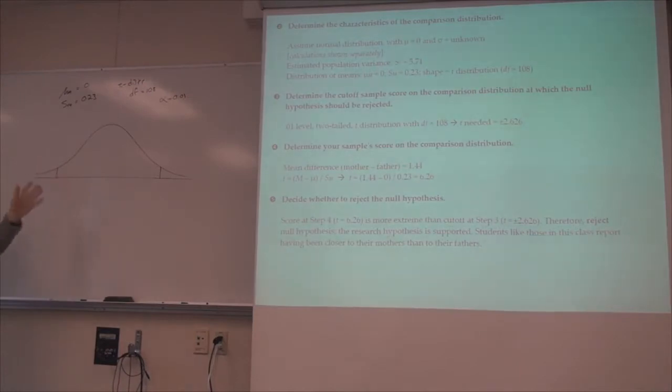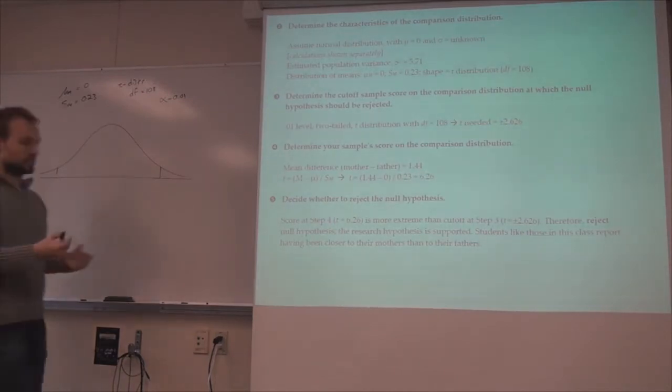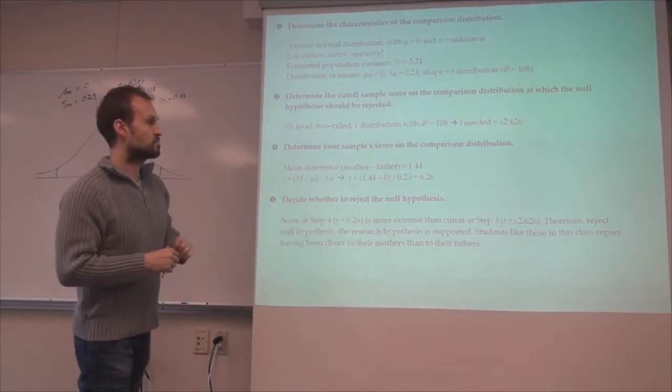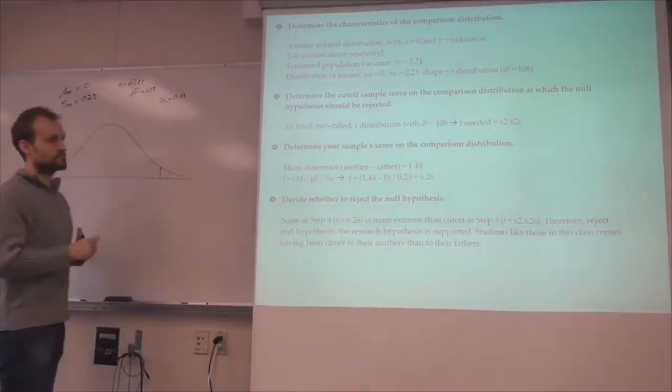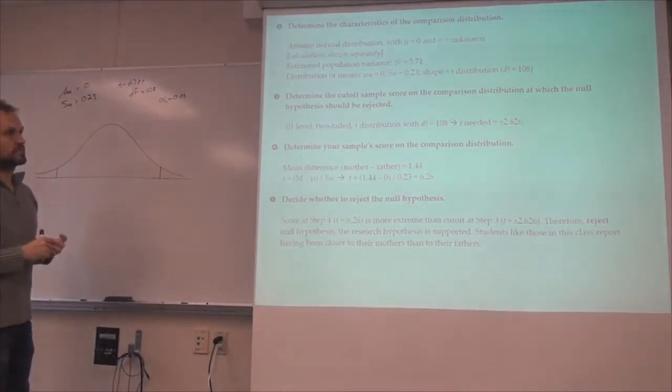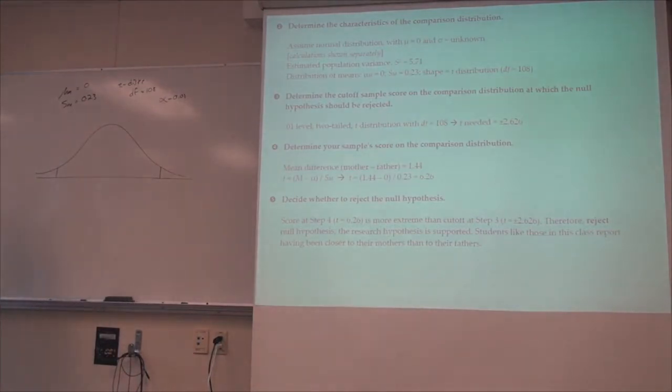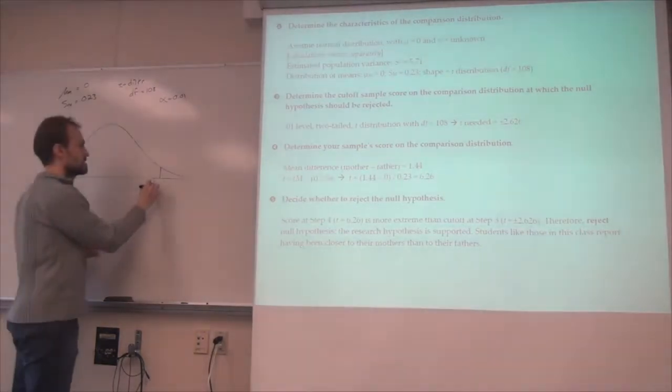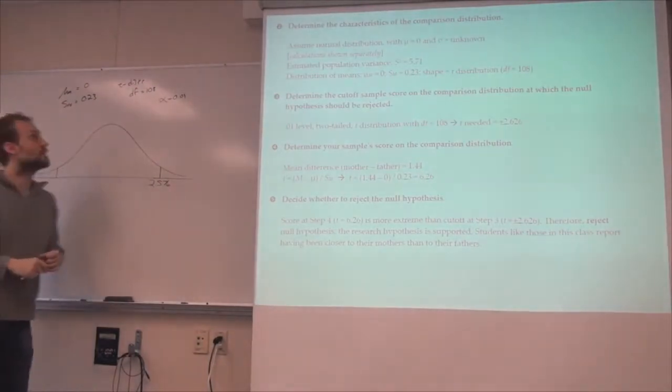Stick to the slides or do what we want? 108 is more than 100, so I picked the bottom one. But you'll see it doesn't actually matter. Our value should be hopefully extreme enough, or not extreme enough. On the test, if it's more than 100, I would go to the bottom one. So, let's pick 2.576. What if DF was 101?